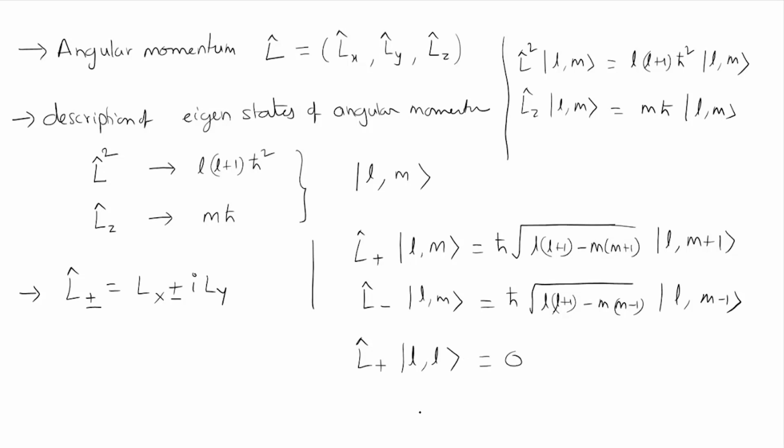It's the maximum value. m takes values from minus l to l. So these things you know. And this is what happens: if you have L minus acting on the lowest state, then this is also 0. So based on this, sometimes it's important to remember. Similarly, you can have spin.